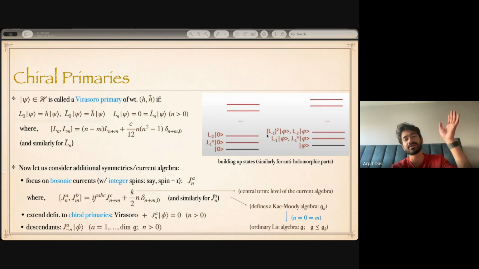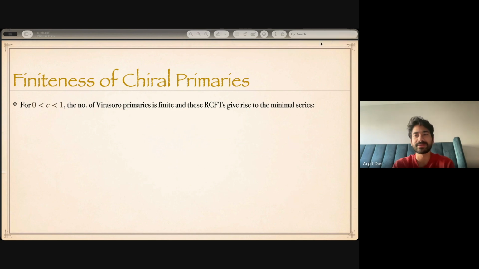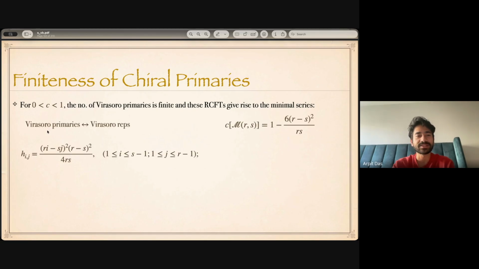And similarly for the anti-holomorphic parts; here I am just looking at the holomorphic sector. As I said, when you have finitely many primaries, it's called a rational CFT. And as we discussed, the Virasoro conformal representations are what are called Virasoro primaries. They're in one-to-one correspondence.